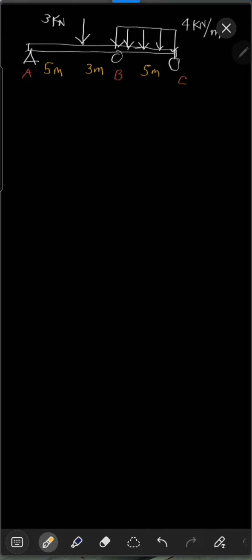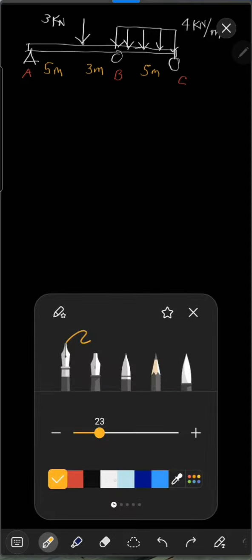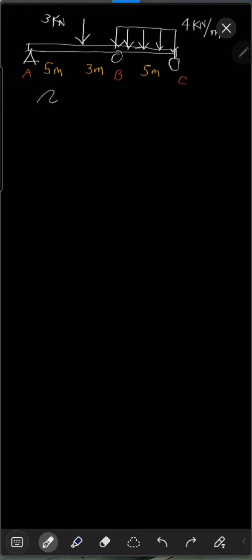Okay, so let's proceed with step 1. So step 1, compute the relative stiffness. So K, sorry. So K first is unsa matong unang nakuhaon. You have to compute for KAB.